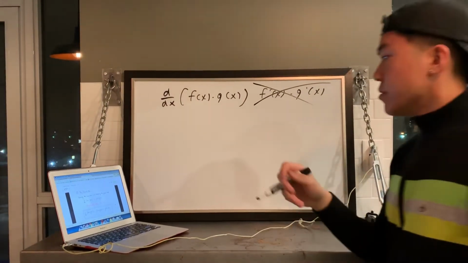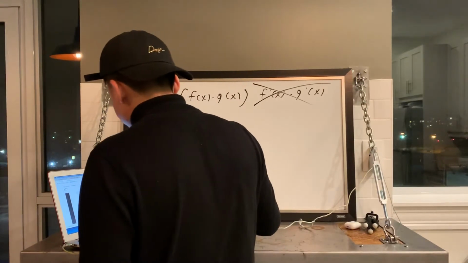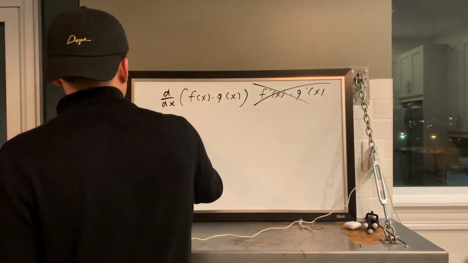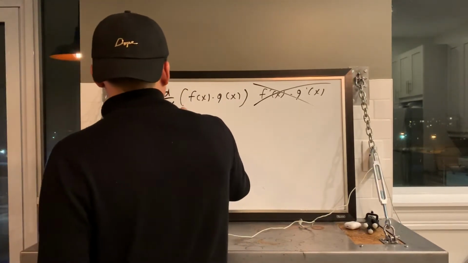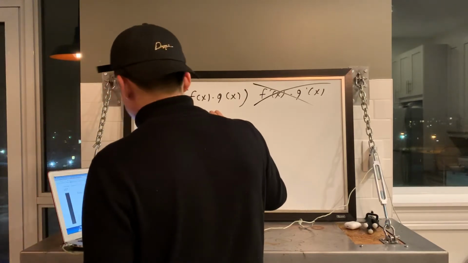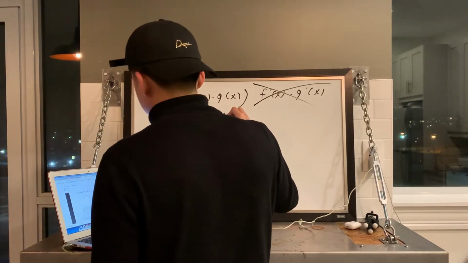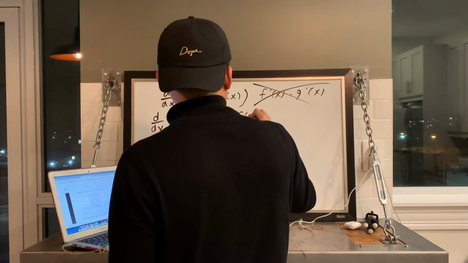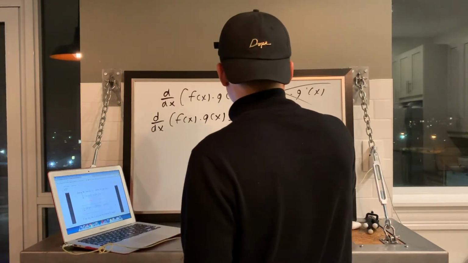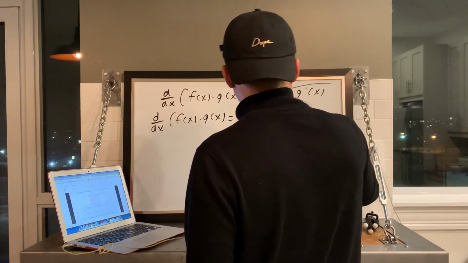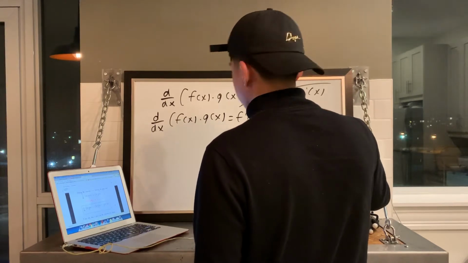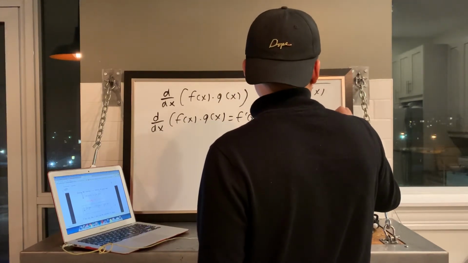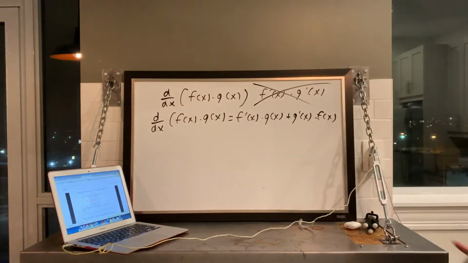What is right is that we have a rule. d dx of f of x times g of x equals f prime of x times g of x plus g prime of x times f of x. Okay, that's what we have.